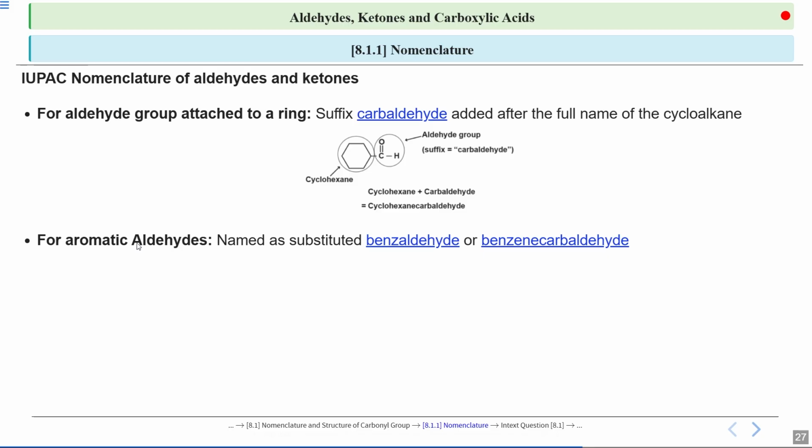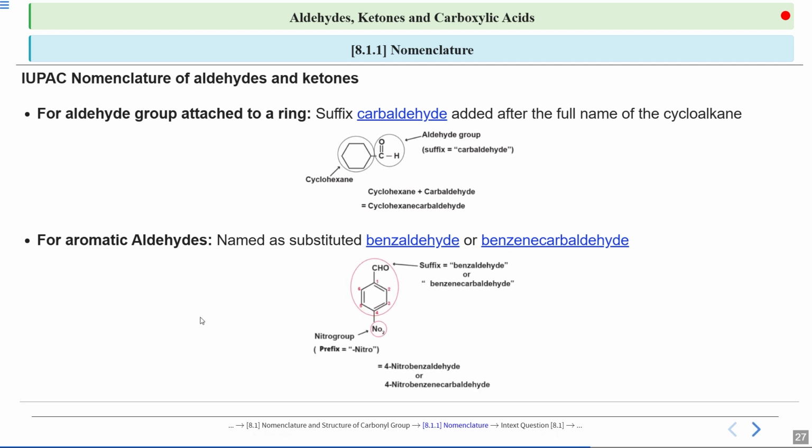For aromatic aldehydes, they are named as benzaldehyde or benzenecarbaldehyde. If you see over here, this is a CHO group or an aldehyde group which is attached to this benzene ring. And at the fourth position, you will see a nitro group is also attached. So the suffix which we can use is benzaldehyde or benzenecarbaldehyde.